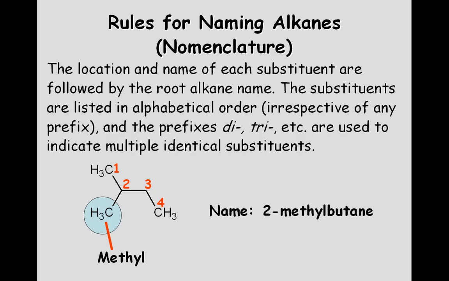If we have multiple groups, like 2 methyl groups on the same chain, then we use prefixes to indicate that there are 2 of them. So that would be dimethyl. The 2 in the front indicates the position on the carbon chain of the methyl group. The methyl part indicates the circled group in blue, the methyl group. And then butane refers to the fact that there are 4 carbons in the chain.